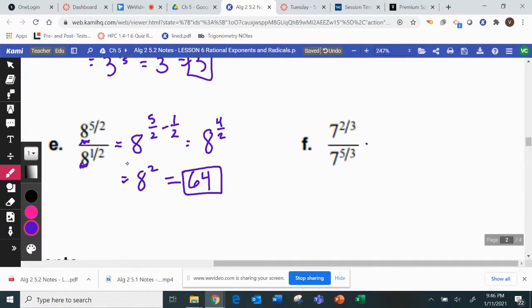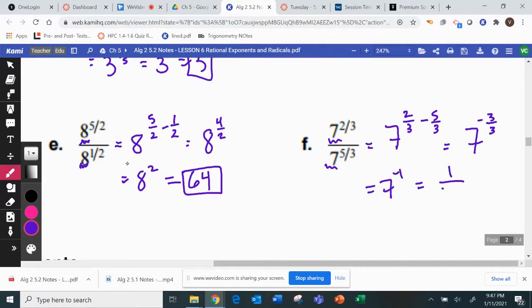In question F, we have like bases, so we subtract the exponents. And when I subtract those, I get negative 3/3, which is 7 to the negative 1, which tells me to use the negative exponent rule, which becomes 1 over 7 to the first, which is 1 over 7.